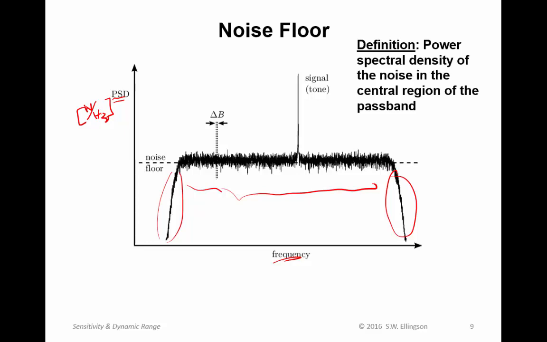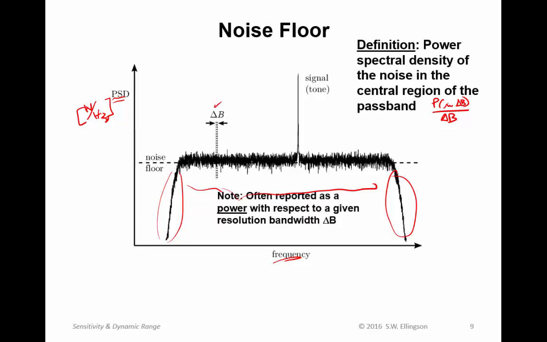So if we take some amount of bandwidth delta B and we measure the power in delta B, then it's that power in that bandwidth divided by that bandwidth, assuming again the spectrum is flat. So noise floor is really the power spectral density of the noise in the central region where the pass band is flat. Now, you should note that this is often reported as a power, not as a power spectral density. The reason is that spectrum analyzers will report power. But when they report power, they are assuming that you are aware of what the resolution bandwidth, what delta B is.